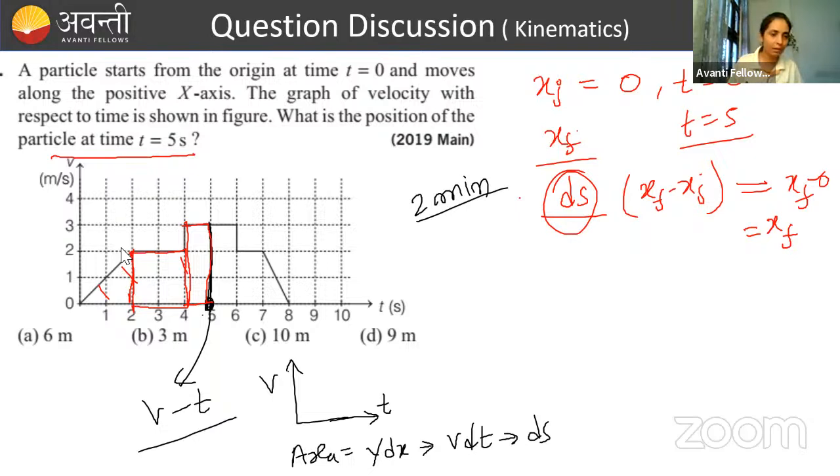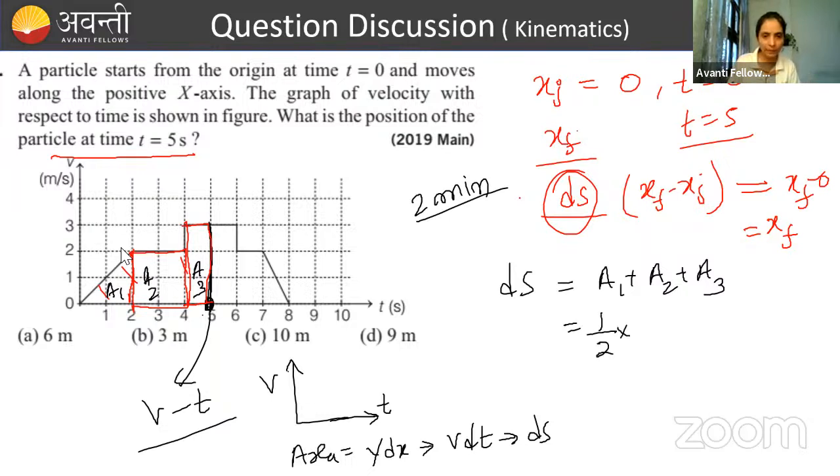अब देखो area of this triangle will be how much? So चलो मैं इसको A1 बुलाती हूँ, इसको A2 और इसको A3. Done. So change in displacement will be equal to A1 plus A2 plus A3. Now just write A1. A1 is what? Half. That is triangle, right? So write half base into height.